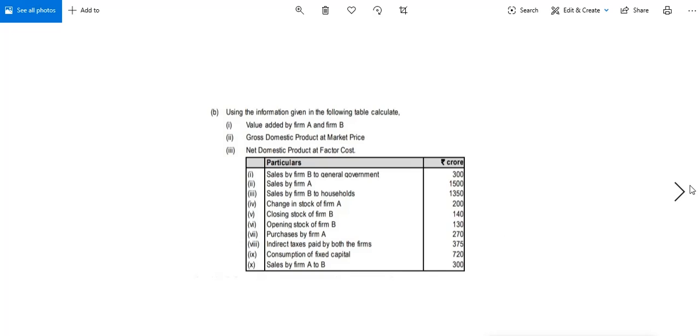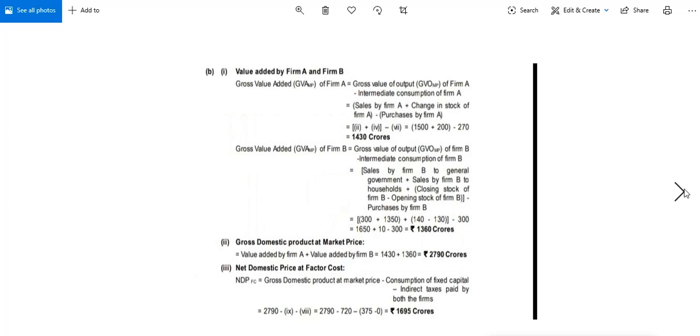Based on that, you are asked to compute value added, GDP at market price, and net domestic product at factor cost. So first of all, we must find out the value added of both the firms. Say in respect of the first firm A, we have to consider the gross value of output of the first firm minus intermediate consumption.